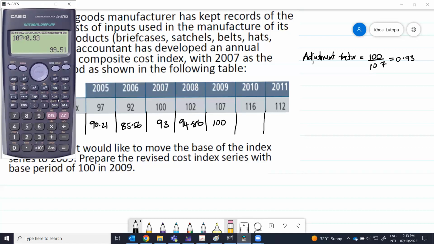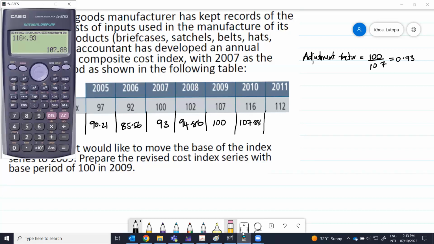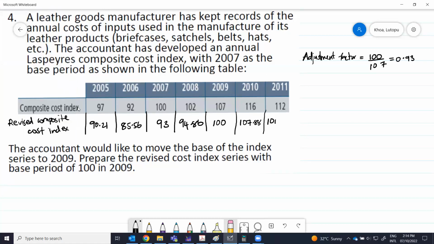Okay, then next one, 116 times 0.93. This is 107.88. Then 112. This is 104.16.